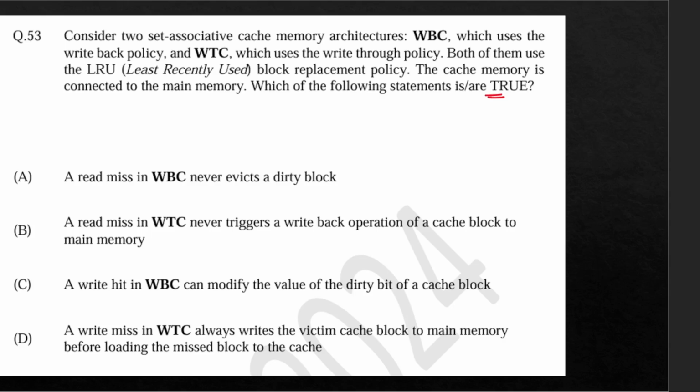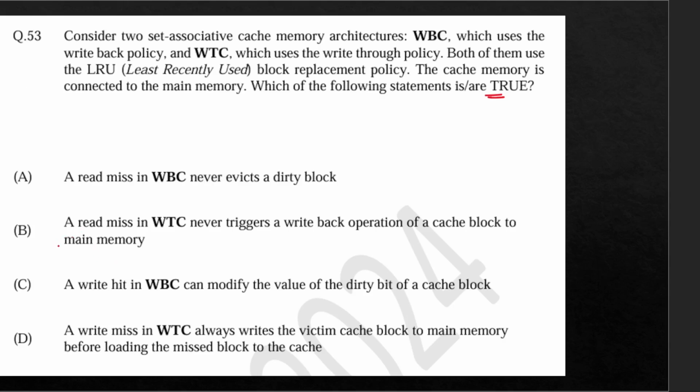Sometimes we might not decide to add it because the data is already in the cache from another memory location, which is more useful or more often accessed. So we can say that this is false because it says that a read miss in WBC never. So never is not correct, which is not the case. So that is why this is false.